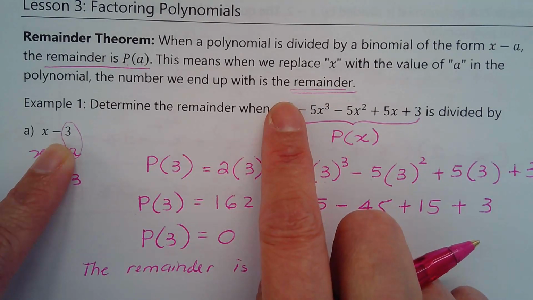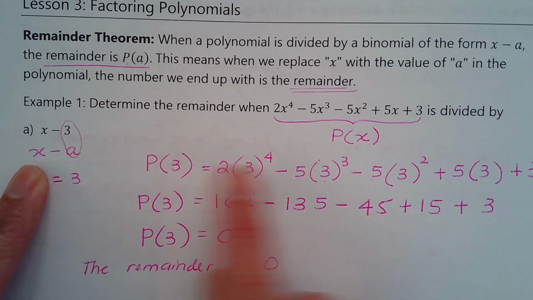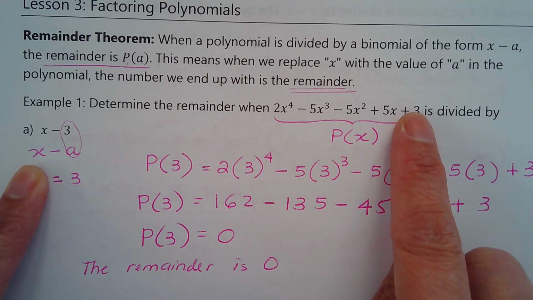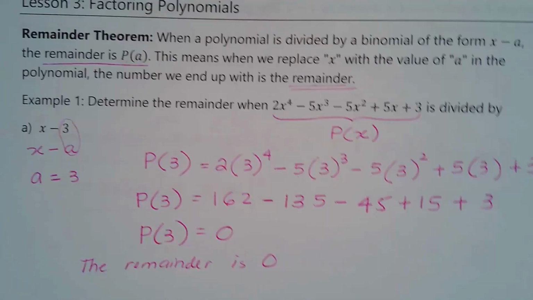It divides evenly, right? Divides evenly, so there's no remainder. So that means x minus 3 is a factor of that polynomial. Okay? That's good.